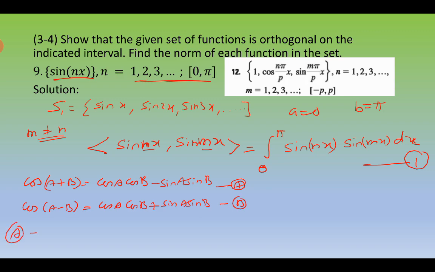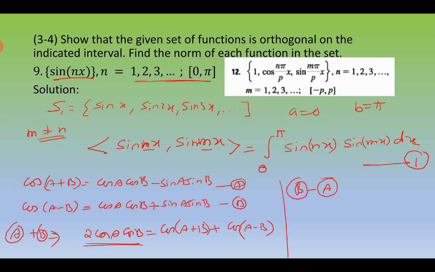When you sum A plus B, what do you get? You will get 2 cosine A cosine B is equal to cosine A plus B plus cosine A minus B. Now we don't want cosine A cosine B, we want the other part. So we will do B minus A. From this one, subtract A, so this negative will become positive.